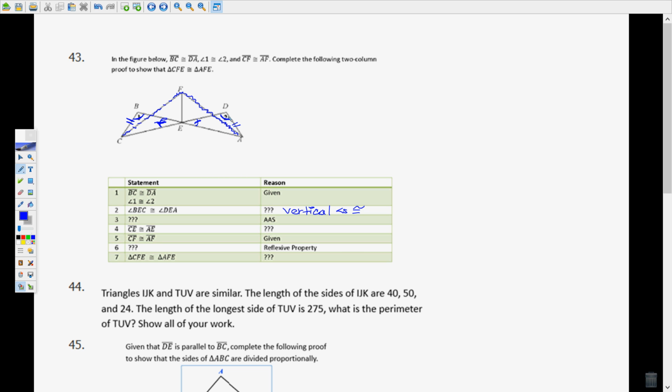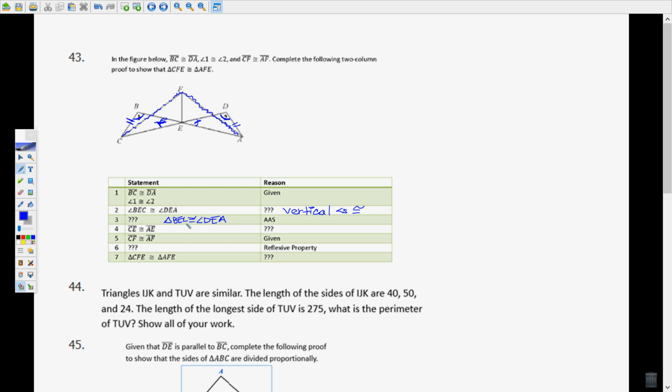We have an angle congruent to an angle, another angle congruent to another angle, and a side BC congruent to a side DA. So triangle BEC is congruent to triangle DEA by the angle, angle, side postulate or theorem.